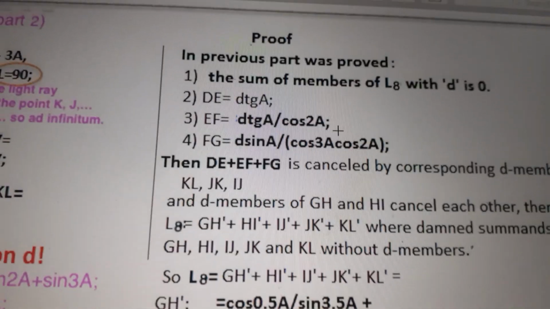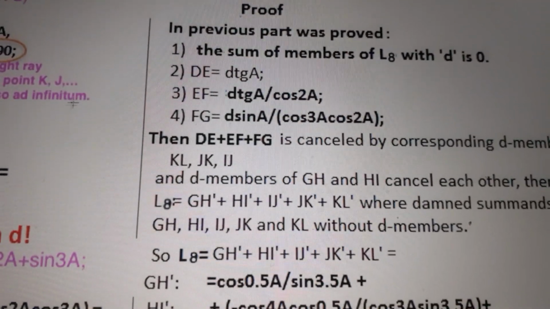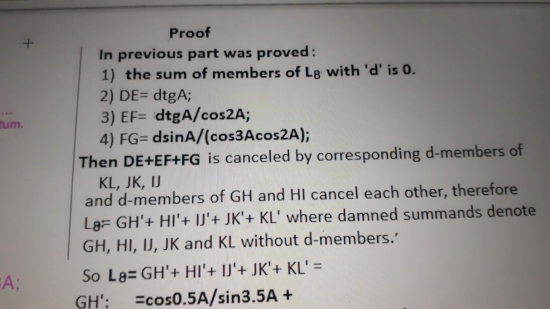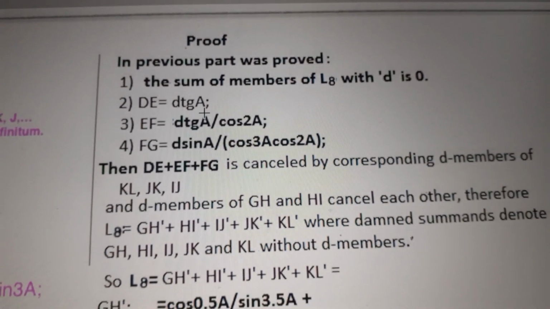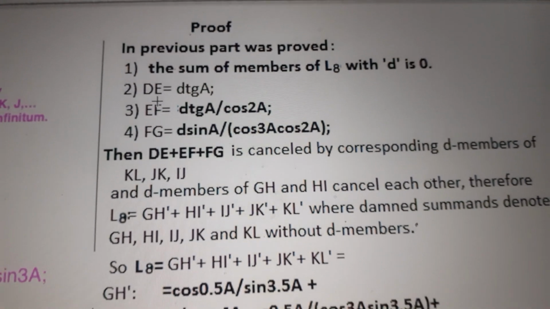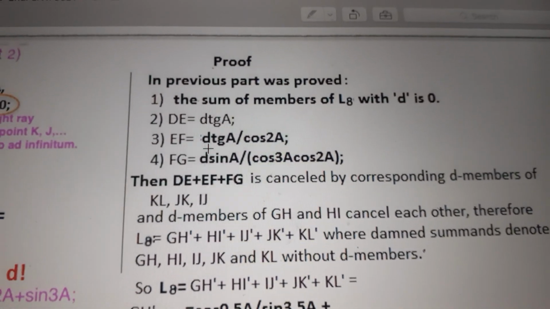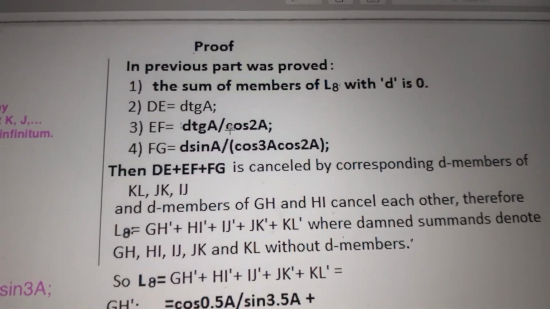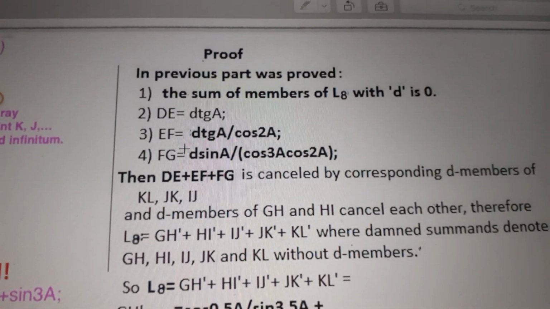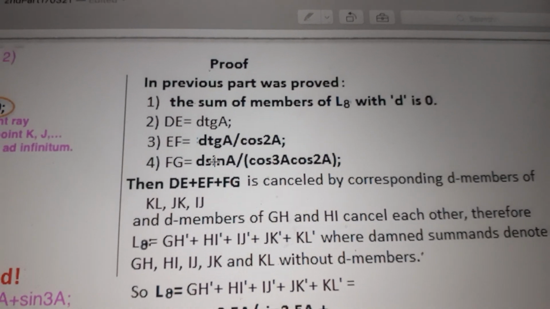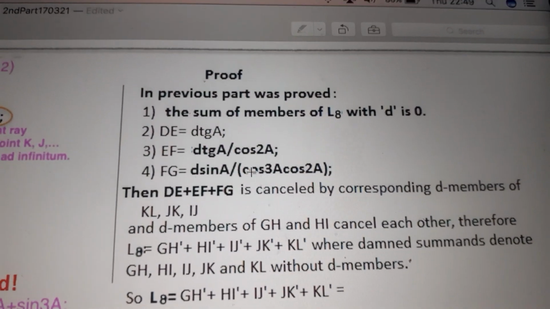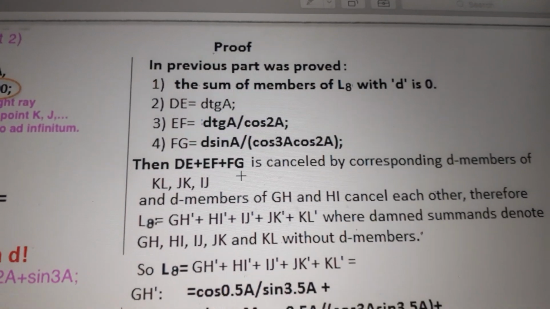And also we computed segment DE equal to d tangent A, and segment EF we computed in the previous part, and segment FG also we computed in the previous part.